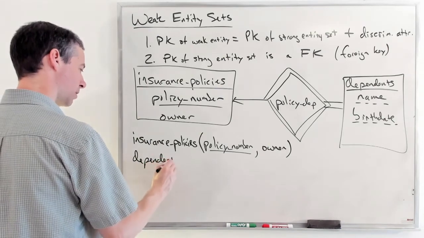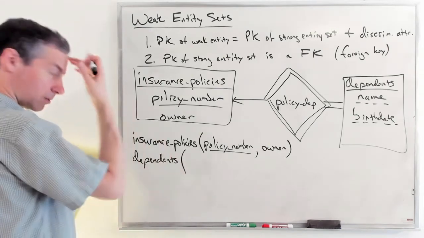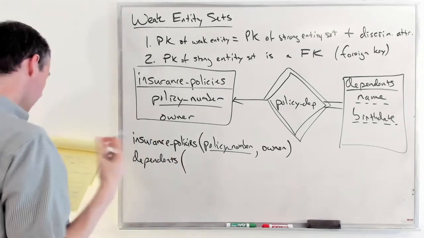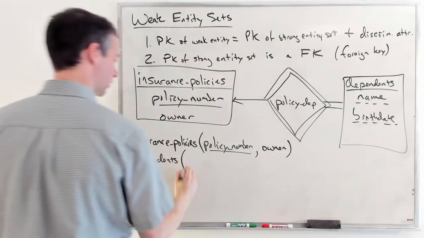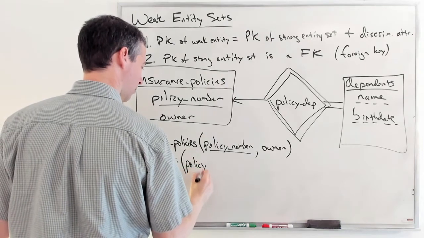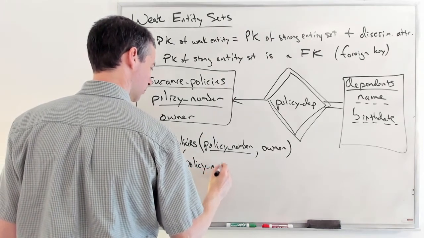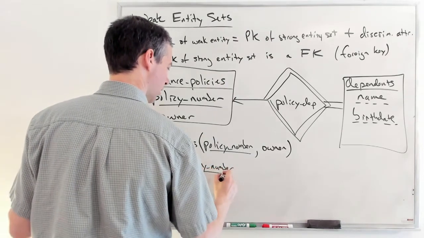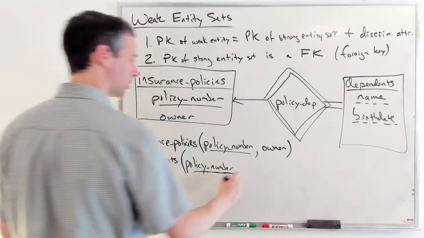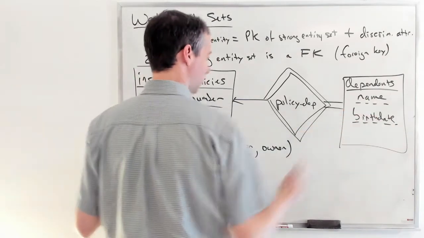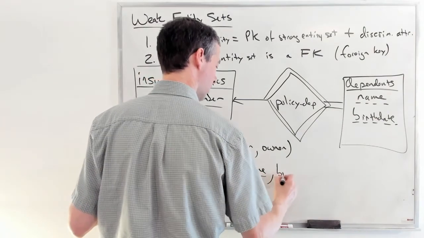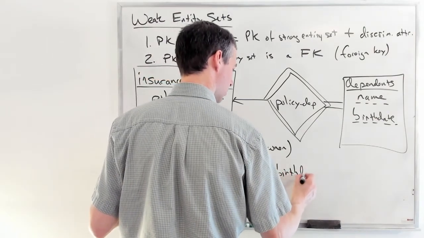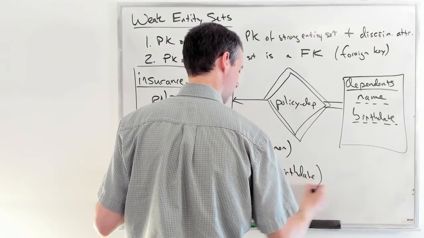It's going to be a table, so that's easy. Then take that primary key of the strong entity set and write it in: policy number. It's part of the primary key, so we're going to underline it. And then we're going to have name and birth date. They are part of the primary key as well, and so we underline them too.